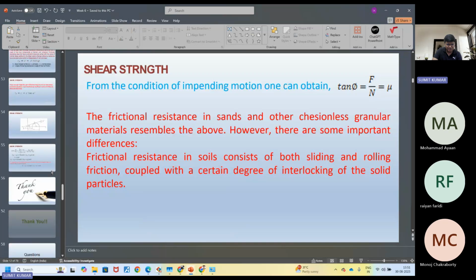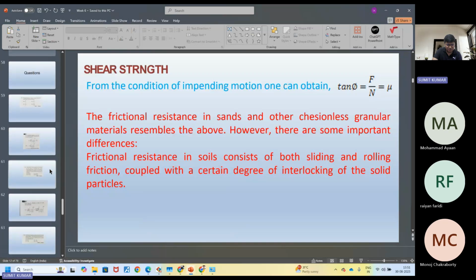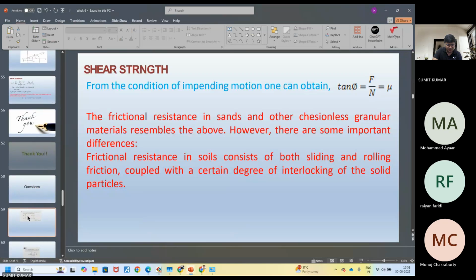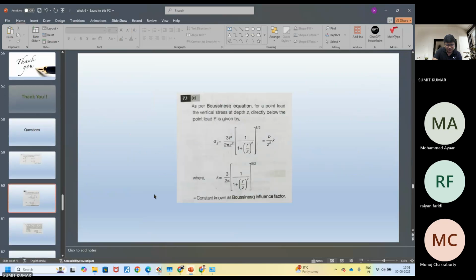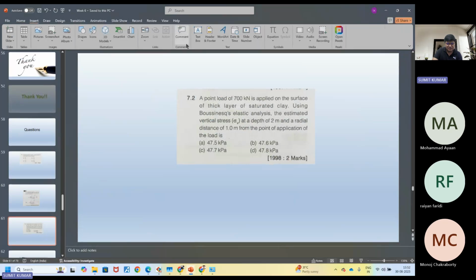This is the problem from the discussion from the last class. Okay, this is a simple problem from the previous year GATE exam. GATE exams. So try to solve this.